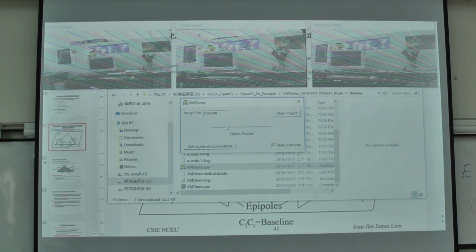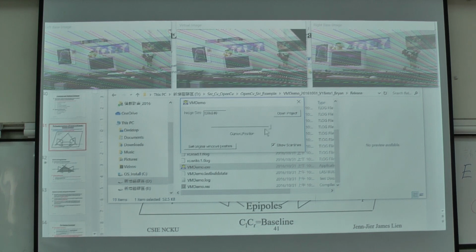You have only left, you have only right, but you can create this one. So this is an application for stereo.